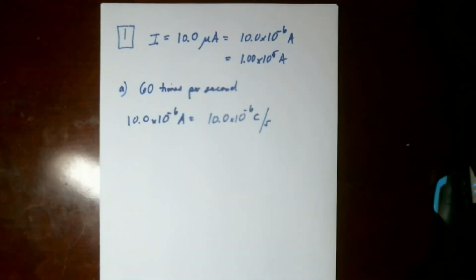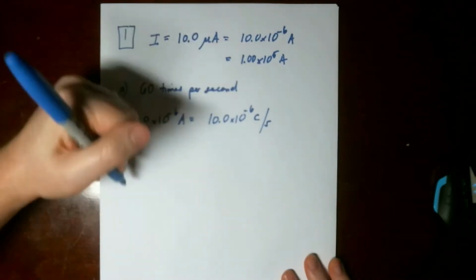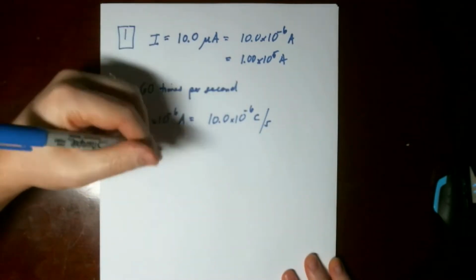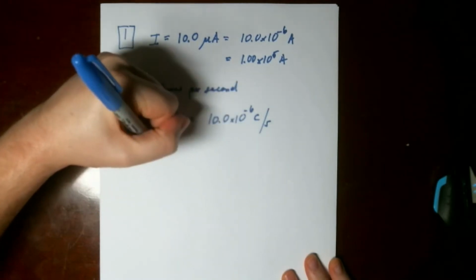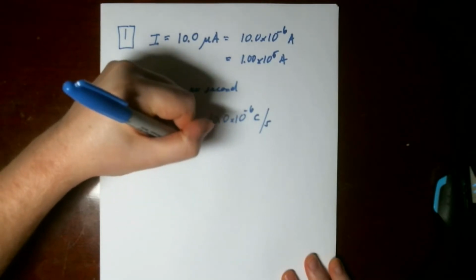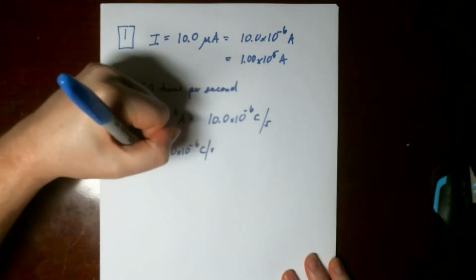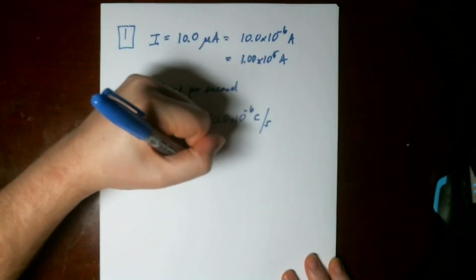So to find the charge delivered to the screen in 1 scan, we need to divide this current by 60, because it hits the screen 60 times per second. So Q for 1 scan is going to be 10 times 10 to the minus 6 coulombs per second divided by 60 times per second.